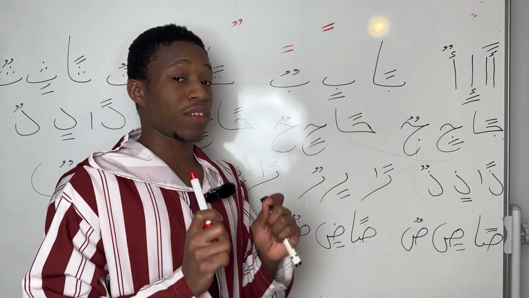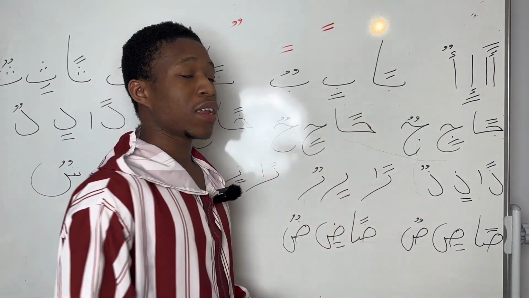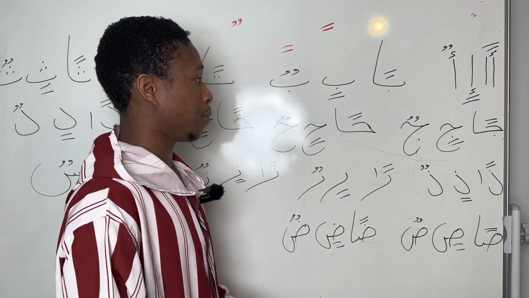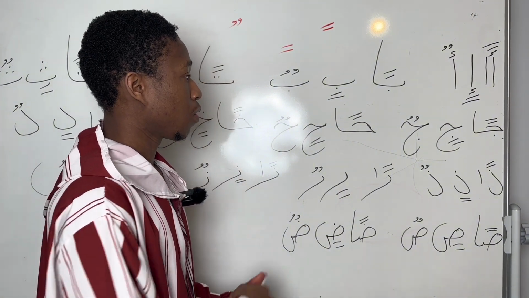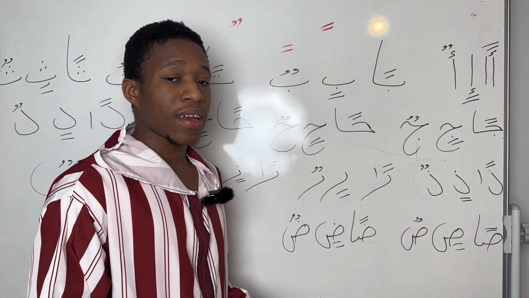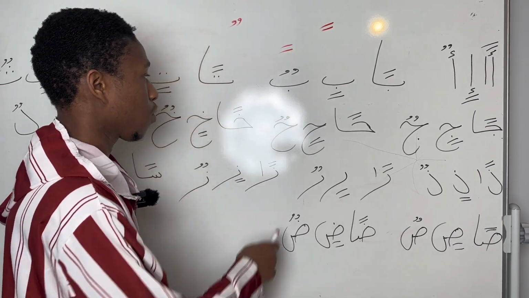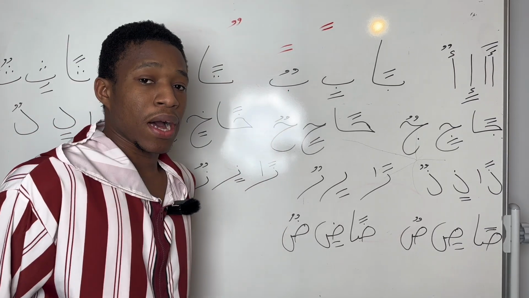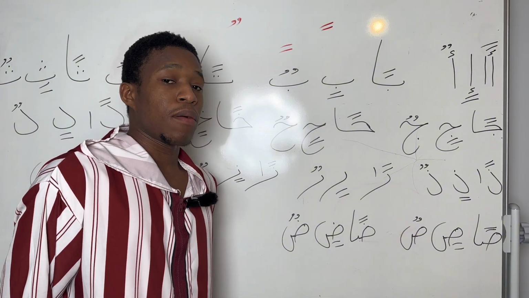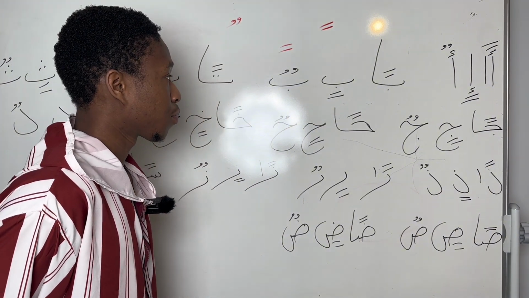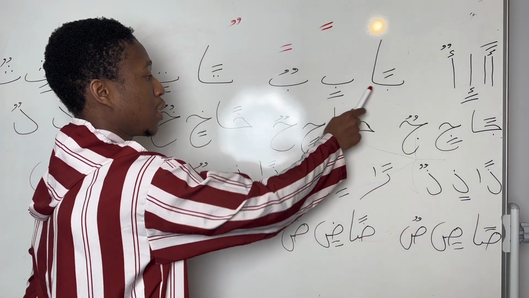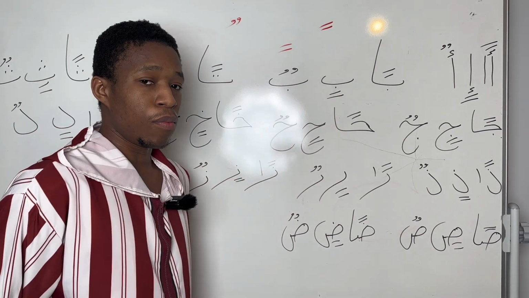Now the next letter is letter ba. Ba fathatan, ban. Ba kasratan, bin. Ba dhammatan, bun. Ban, bin, bun.